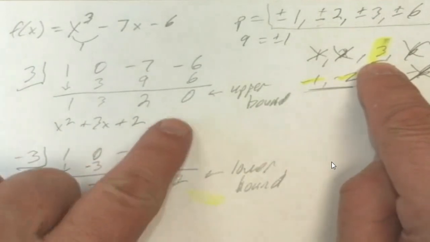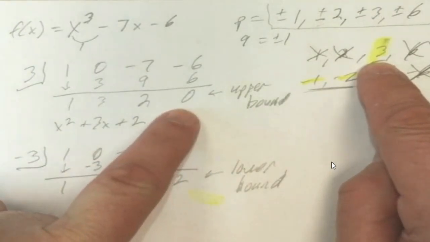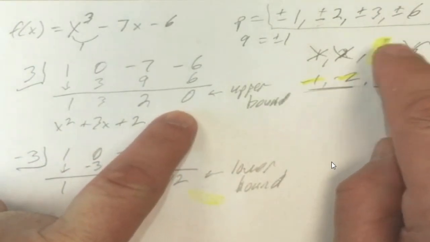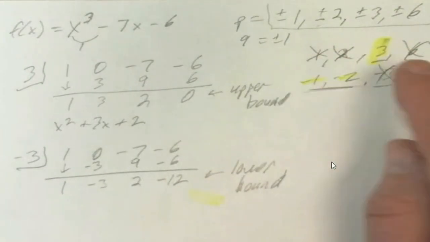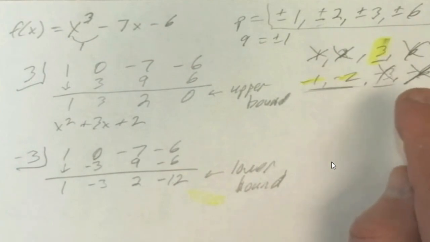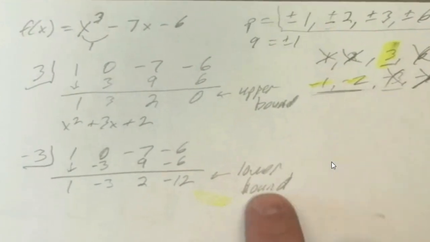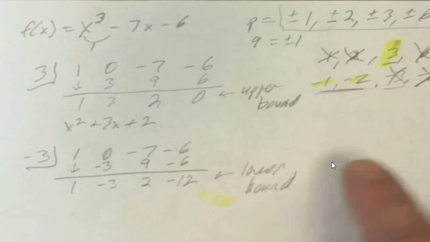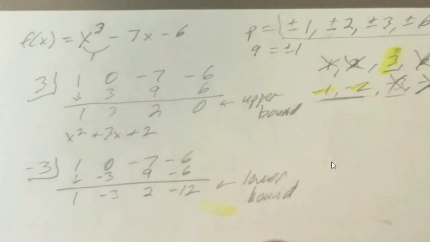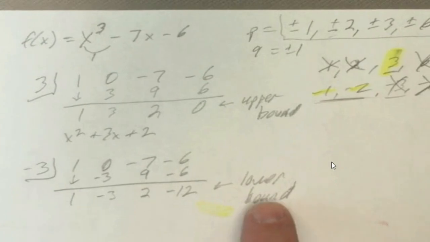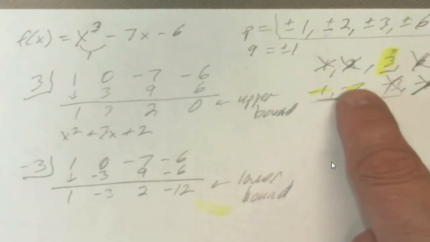And since that had a remainder of 0, the remainder theorem said that's a root. So that allowed us to cancel all the rest of them. We checked -3. It said there's nothing lower than -3. Cancel that. We check -2. It may be a lower bound as well. Nothing smaller than -2 because -2 is actually a solution.